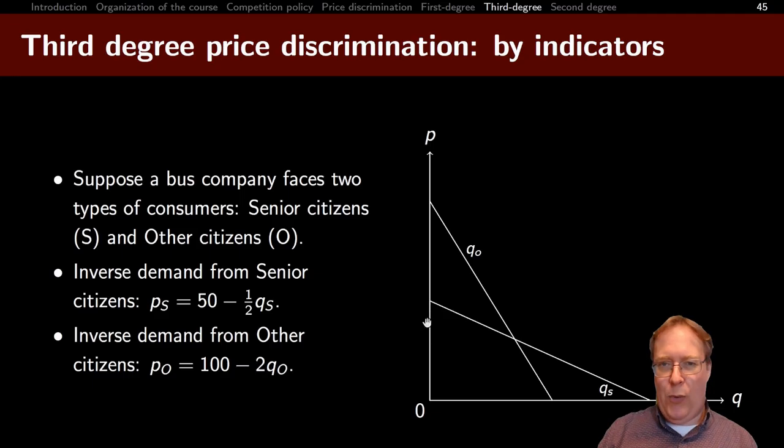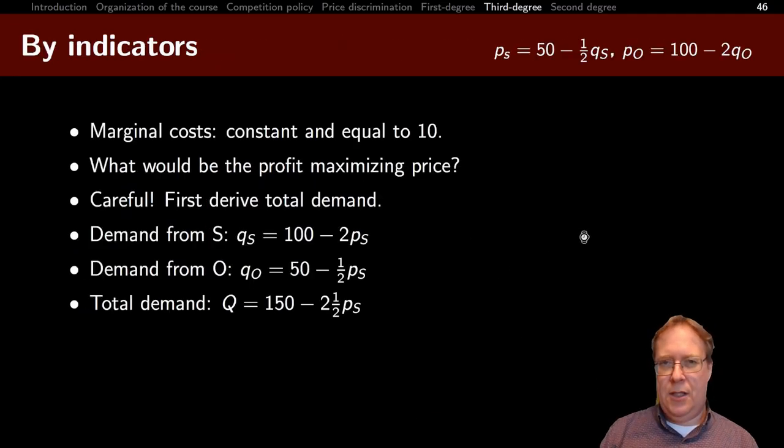Whenever price is here, then I have demand from the senior citizens and from the other citizens, and my total demand is just the sum of those two. However, if price is higher than that, if it is in this area, then my senior citizens have zero demand. So all the demand comes from my other citizens.